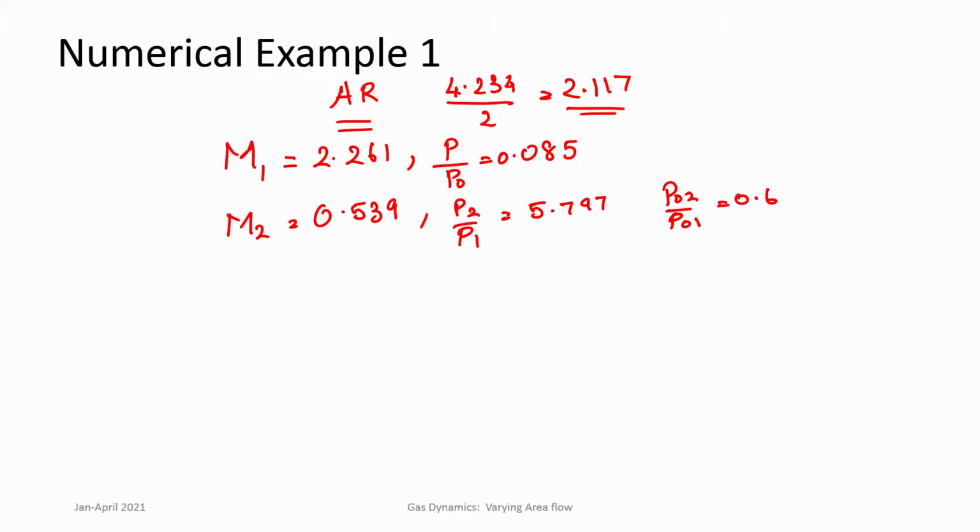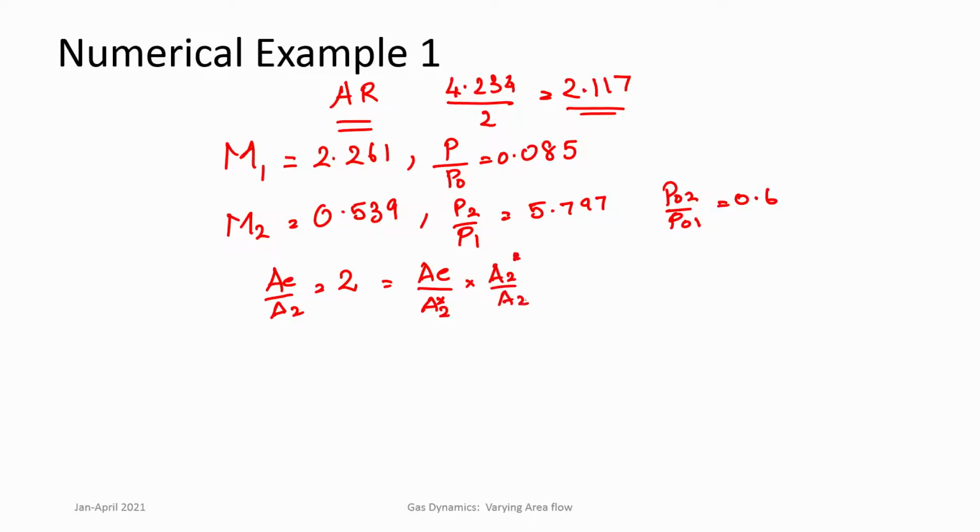Okay, so now you look at this problem, you know that AE by A2 is 2. This can be written as AE by A star, that is AE by A2 star multiplied by A2 star by A2.